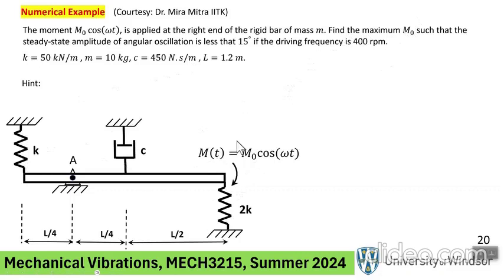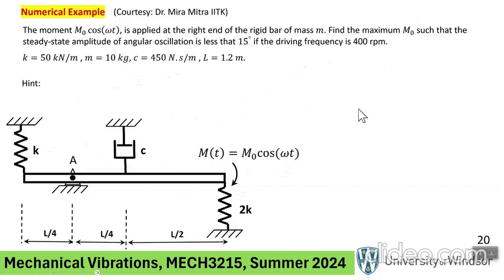Find the maximum m naught. By the way, this omega, we are told that it is 400 RPM. We know omega. It says find the maximum m naught so that the angle of oscillation is less than 15 degrees. In other words, we want the amplitude of oscillation to be 15 degrees.